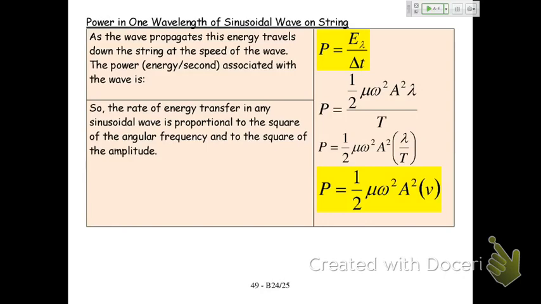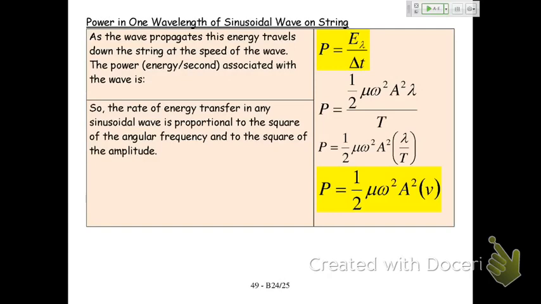This next bit is like, sometimes I think the book develops things and makes new equations that you could readily get. Power is always the energy divided by the time interval.